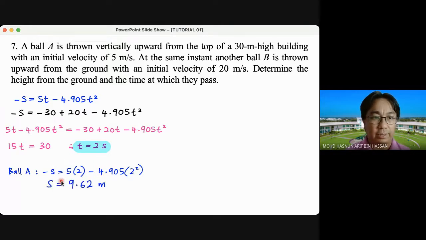So what we get is, we will get S equals to 9.62. Basically, you will get minus S equals to minus 9.62. Tapi because left hand side ada minus, right hand side ada minus, so minus dua-dua tu akan hilang lah. So what you get is S equals to 9.62. Is this the correct answer, Sukanya?